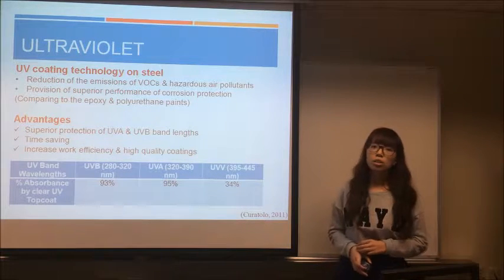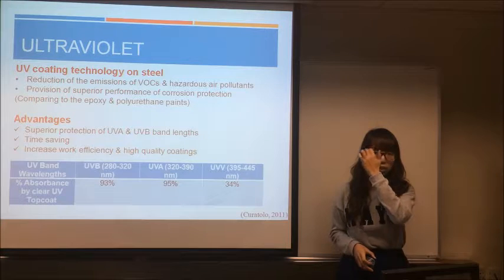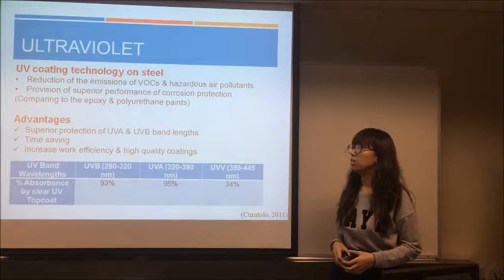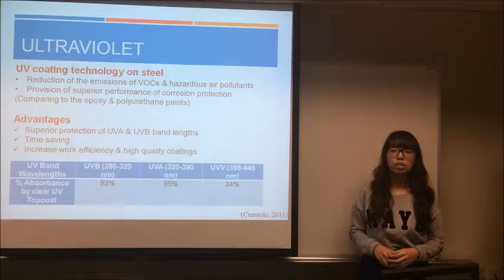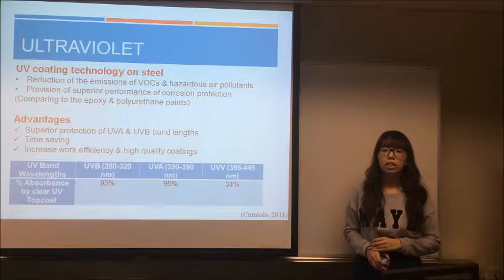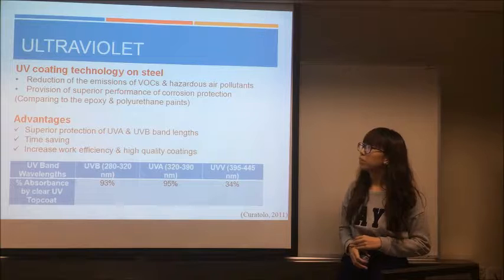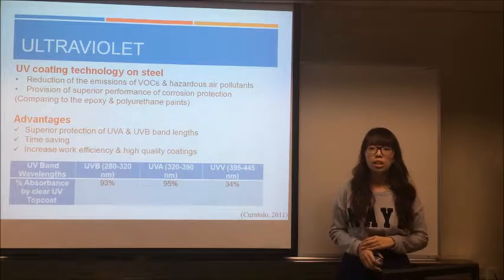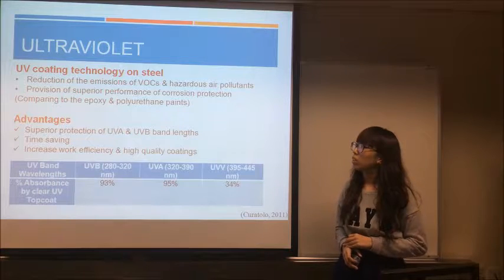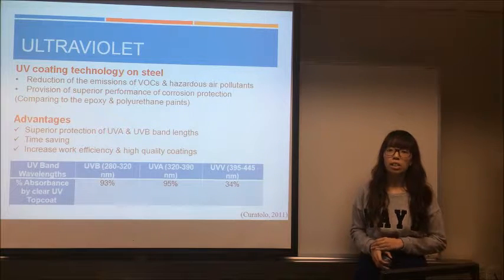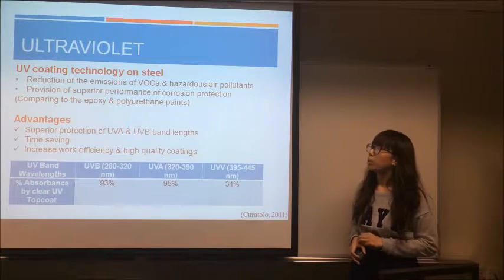Particularly for steel, this technology has been extended to high performance corrosion protection in industrial applications. An important environmental benefit of this type of technology is the reduction of the emissions of VOCs and hazardous air pollutants.